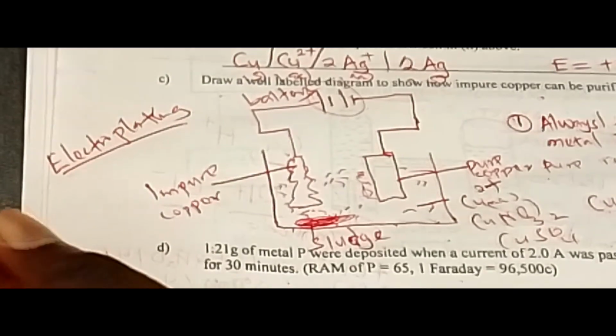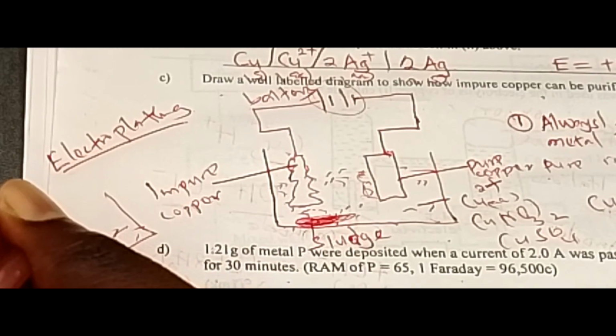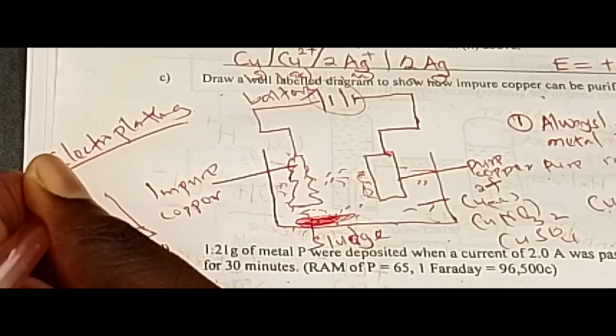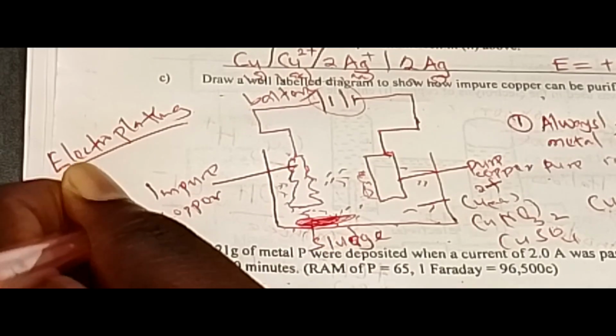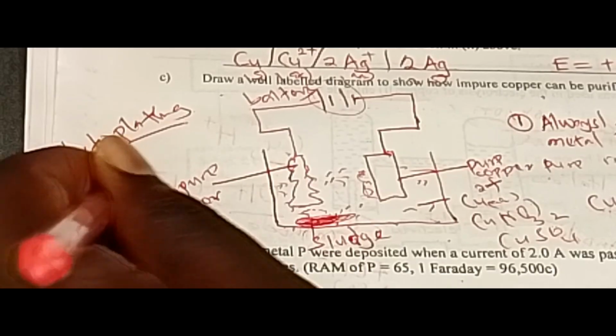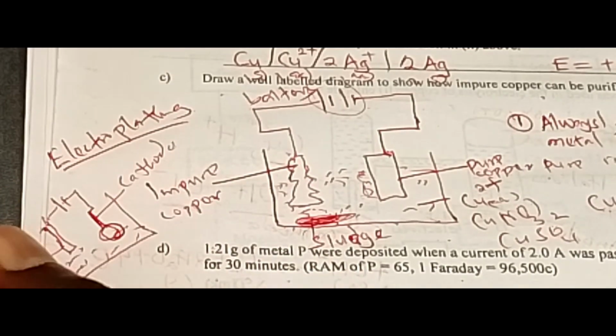For example, let me sketch a setup here. If this is my iron spoon, which needs to be electroplated, it has to be on the cathode. And the one to be used in electroplating, let's say zinc or silver, Ag, has to be on the anode.